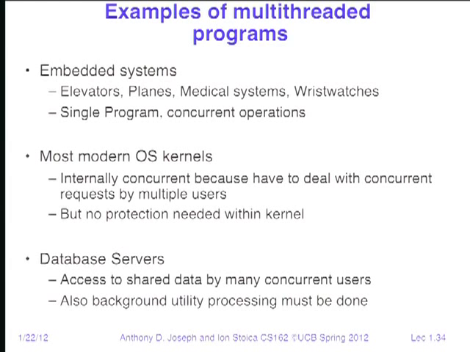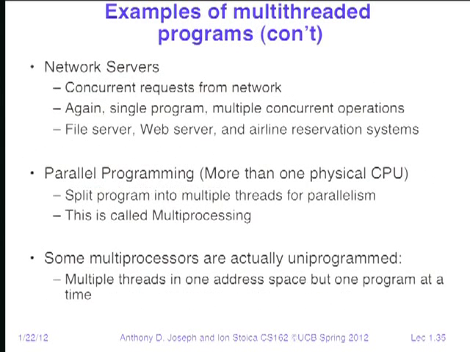Database and other kinds of servers are also multi-threaded because you have shared data being accessed by many concurrent users, and also some background tasks that have to be done, like indexing. Similarly, network servers like file servers and web servers have shared content and many concurrent users, so a multi-threaded model makes a lot of sense.